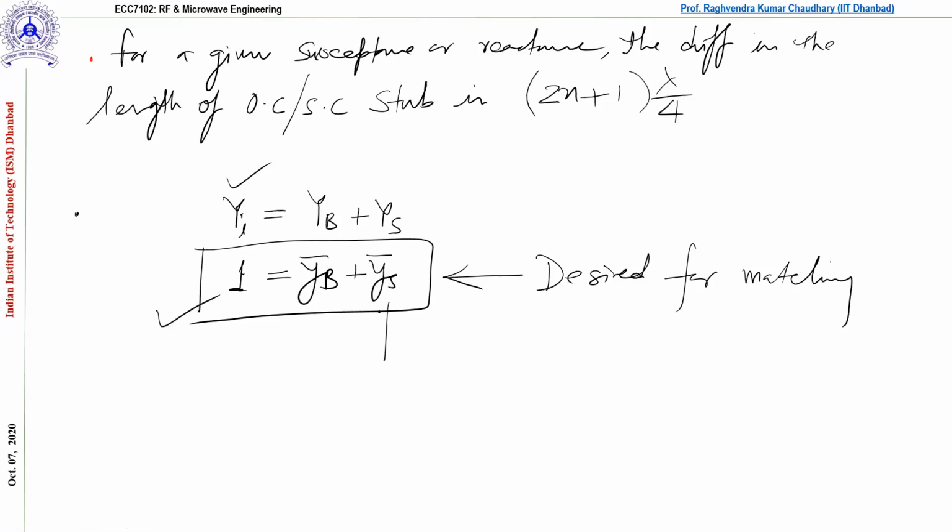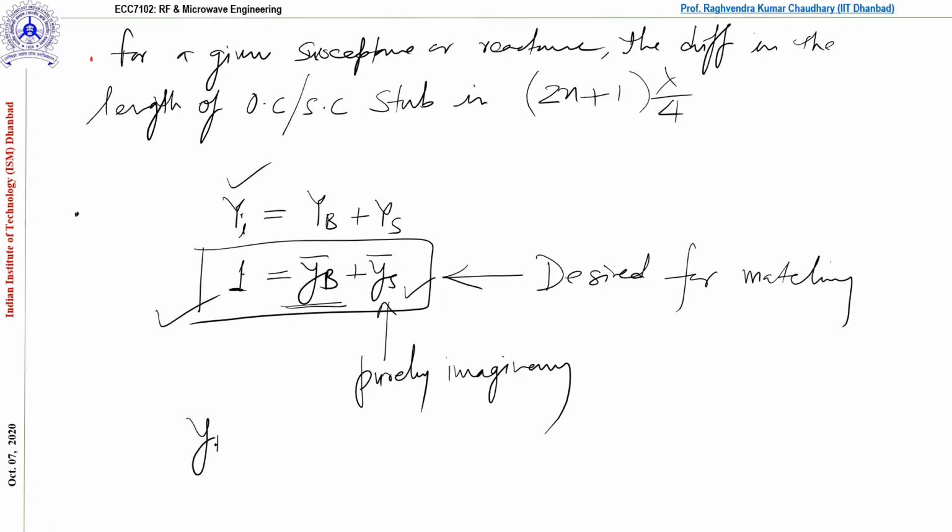One thing is clear that s stands for the stub, correct? The admittance offered by the stub is always imaginary. It's purely imaginary, correct? It means that there is no real part with this. Okay. So if I say the solution of this equation, easily I can guess.